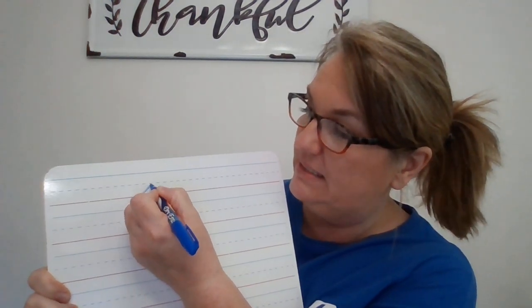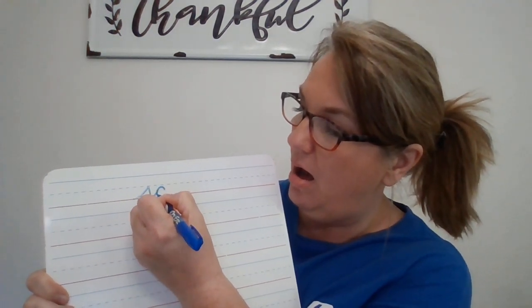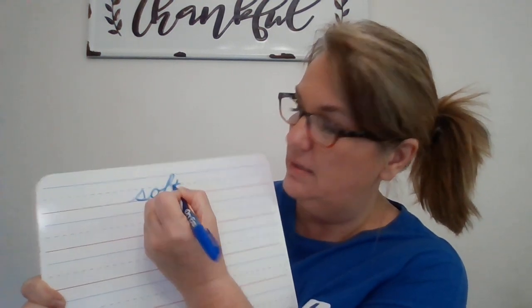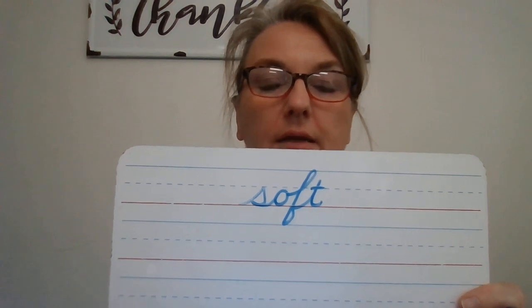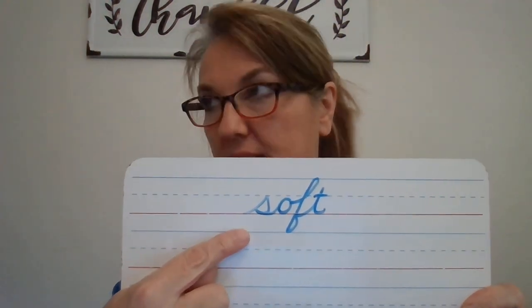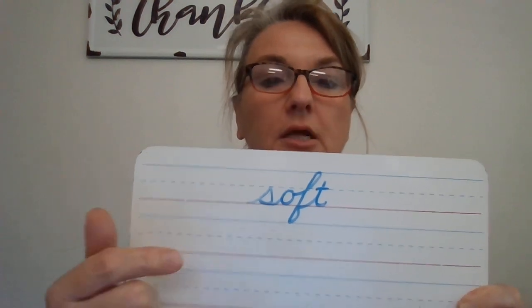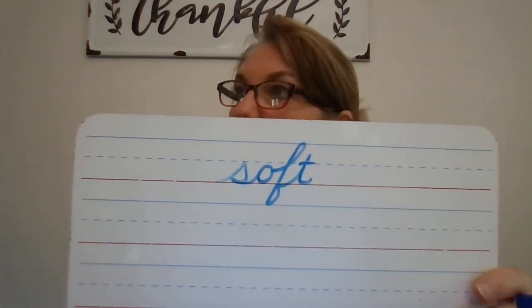All right, I want you to think to spell it for me. Okay, here we go. S, A, f, t, soft. So we have our s, z, and we have A-O-U. If yours doesn't look like mine, go ahead and correct it.